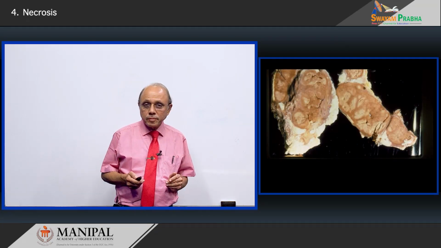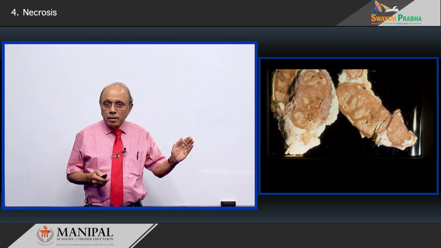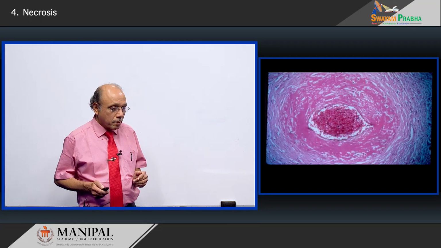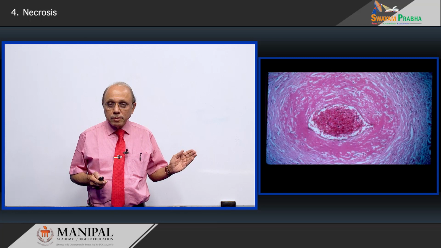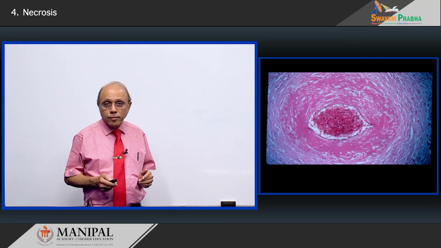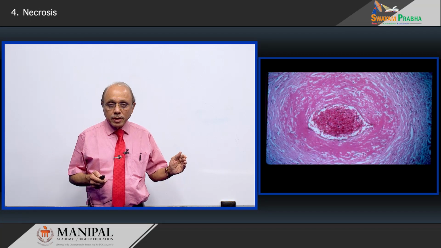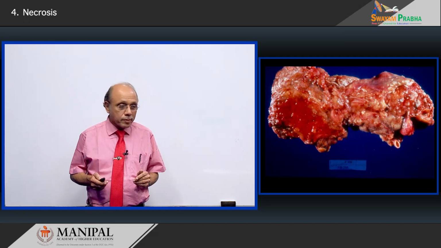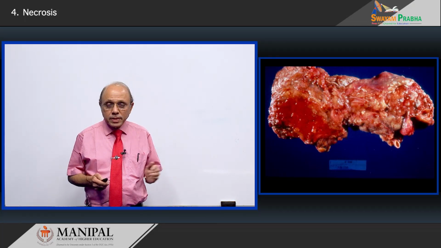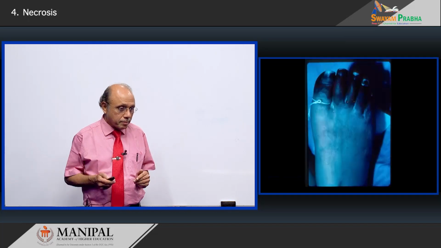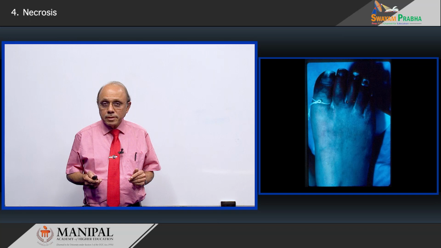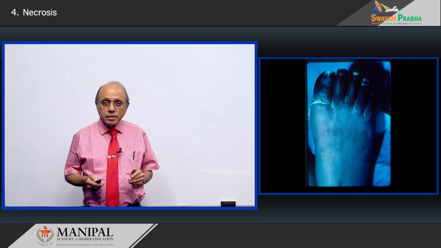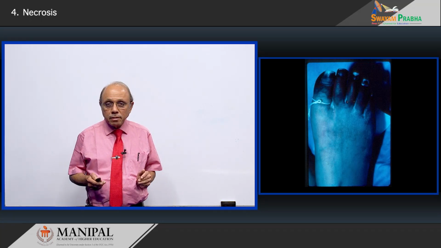The third is a group of lymph nodes with tuberculosis. The fourth is the blood vessel, an artery of a person having hypertension. And the fifth is pancreas affected by acute pancreatitis. And the sixth is showing you the toes of a person with a diabetic foot.